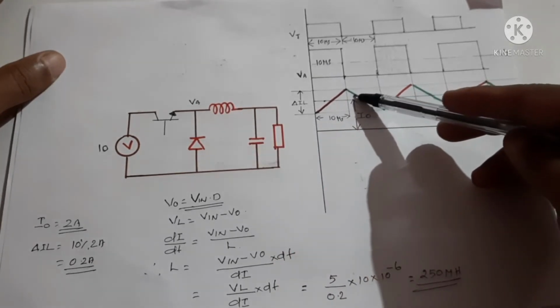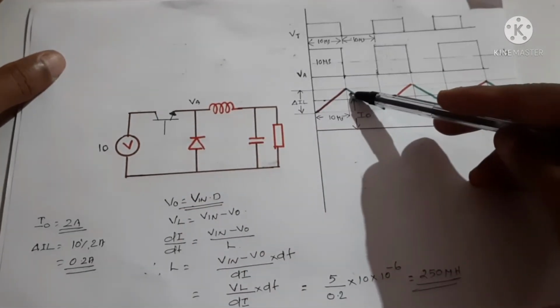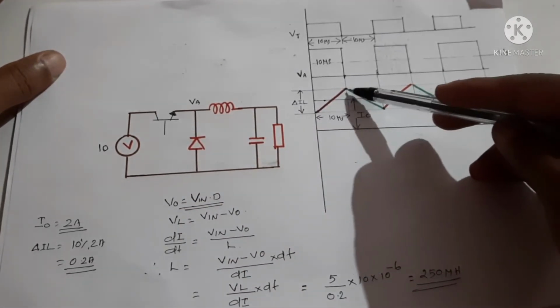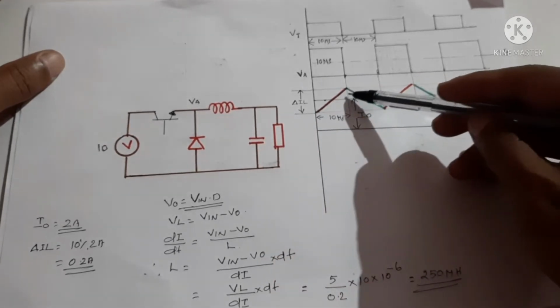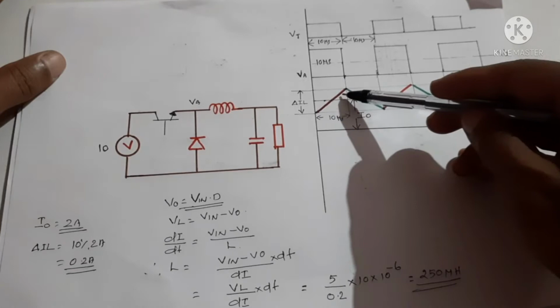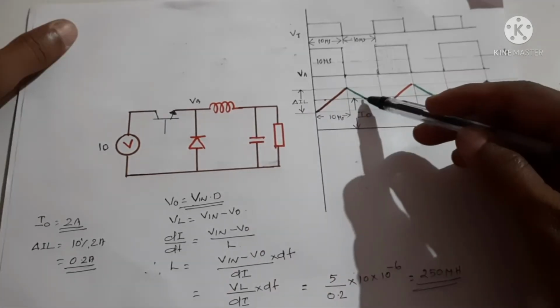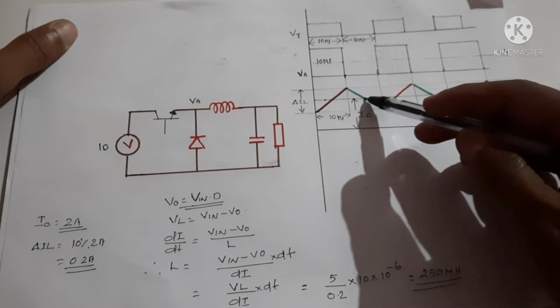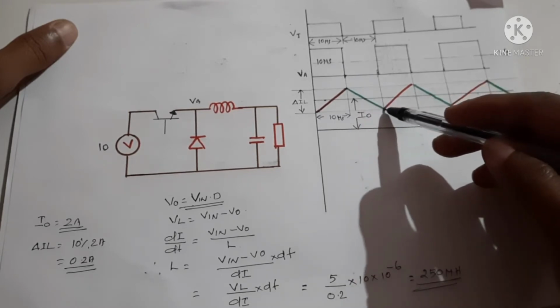When the transistor is off, at that time also the inductor current is more than the I0, so the inductor current charges the capacitor. So this triangle is the charging of this capacitor. During the off stage, when the inductor current falls below the I0, the capacitor begins to discharge.